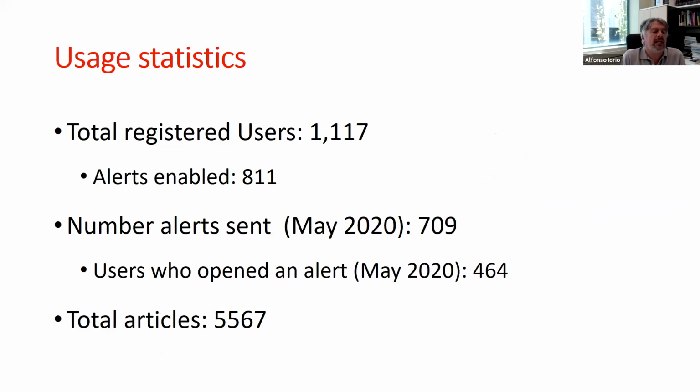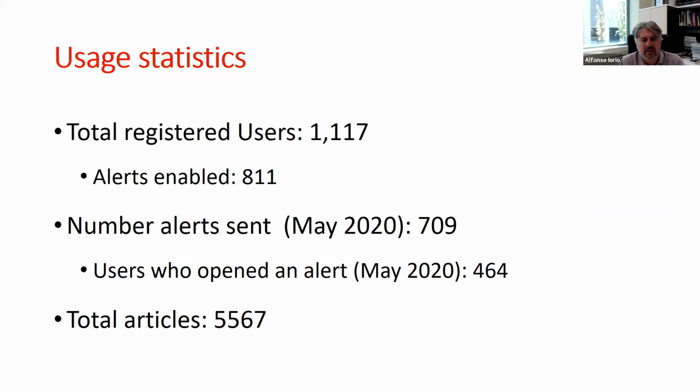Just to give you a dimension, how many users are on PAIN Plus currently? A little more than 1,000. 800 of them receive alerts. How many alerts do we send out? In the month of May, we sent out 700, which is a little less than one per person.